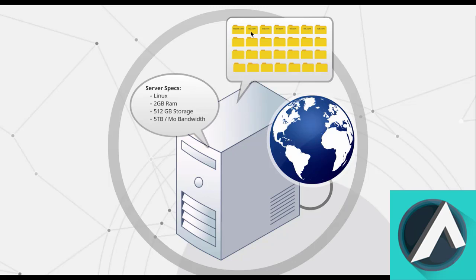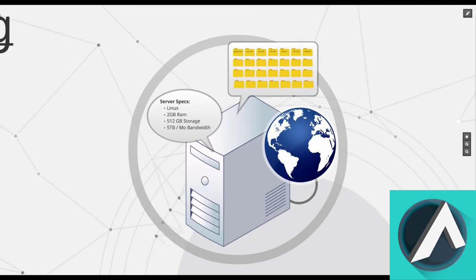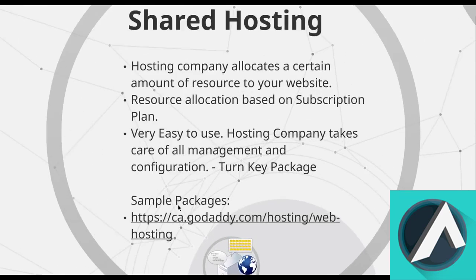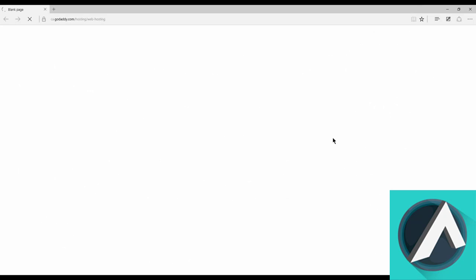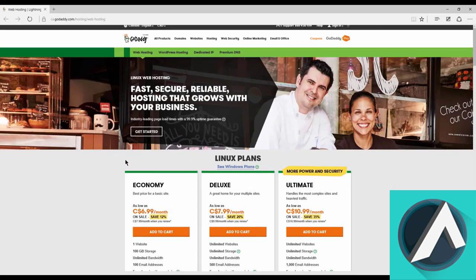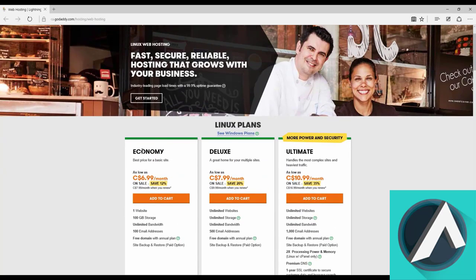Let's take a look at an example of 3 standard hosting packages offered through a commonly used hosting company, GoDaddy. On the GoDaddy.com website, we can see that there are 3 shared hosting packages available.